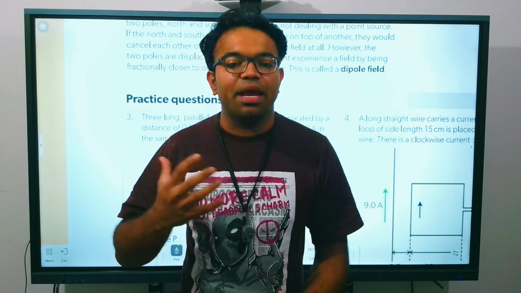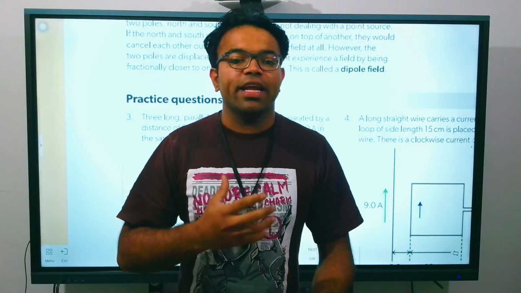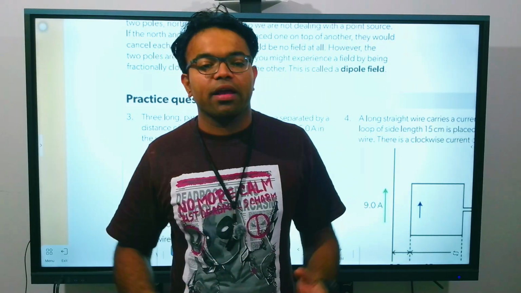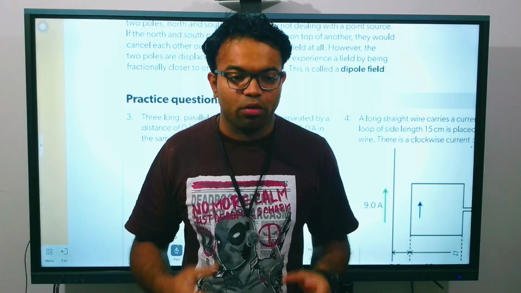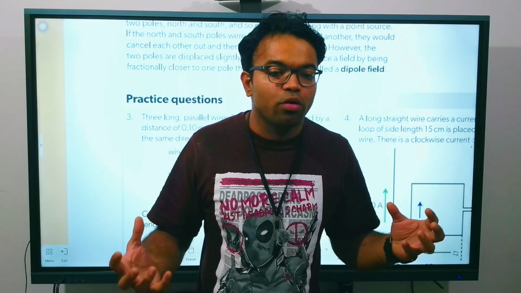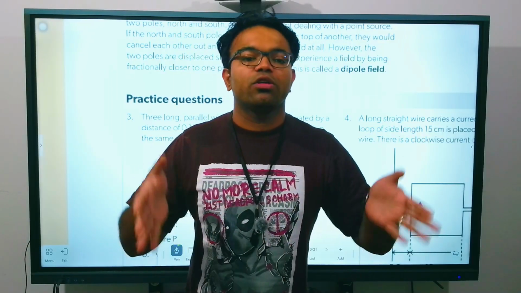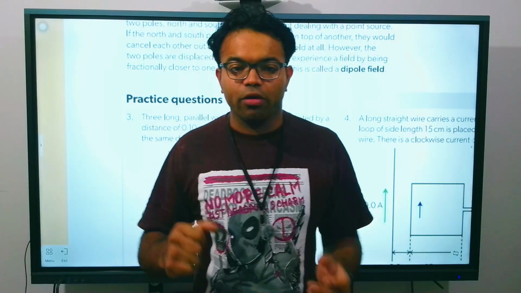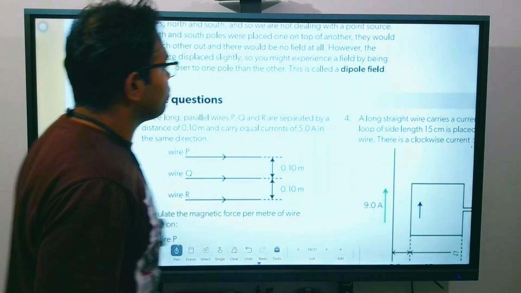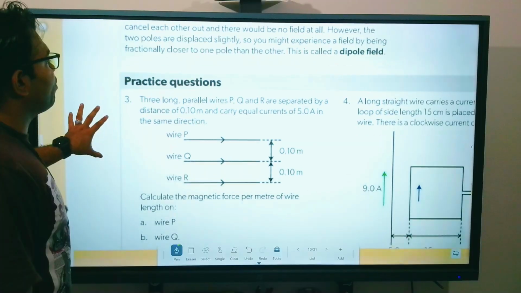If they have the same magnitude of charge, you call it an electric dipole. Any bar magnet you see is a magnetic dipole. Why? Because there are two poles in the magnetic field which are separated by a distance equal to the length of the magnet. That is known as a magnetic dipole. This is called the dipole effect.